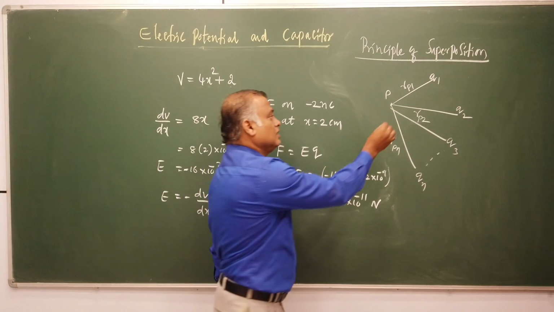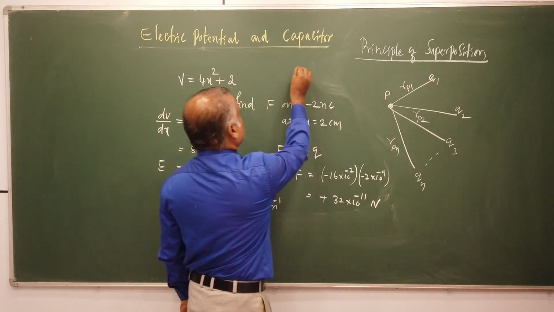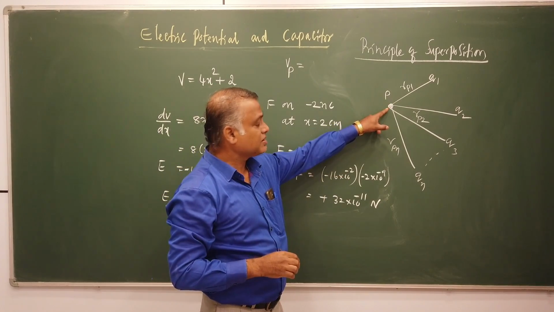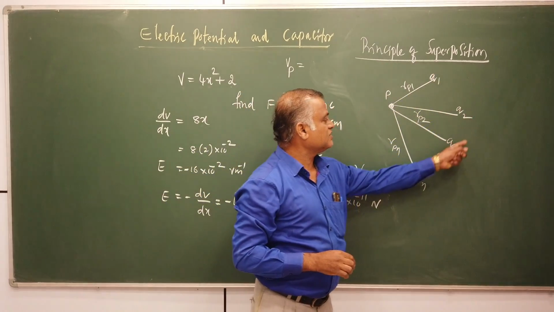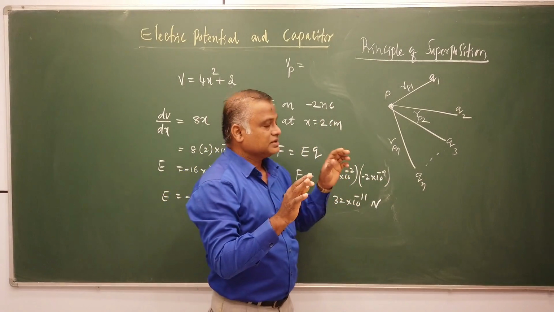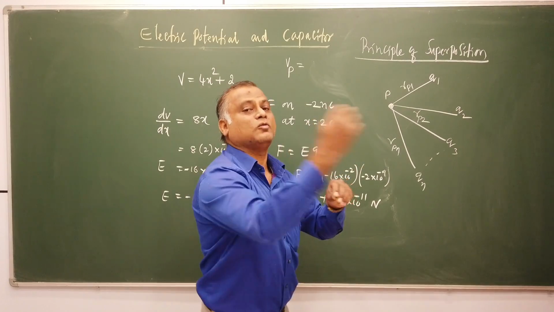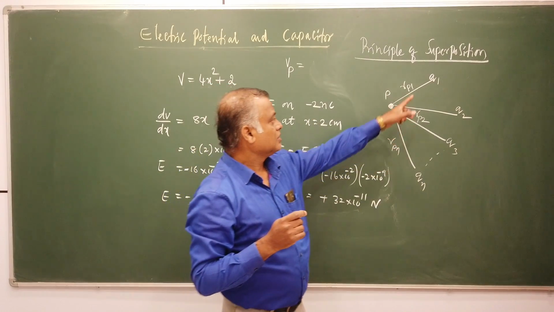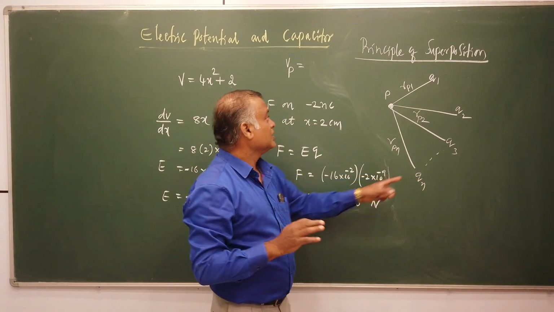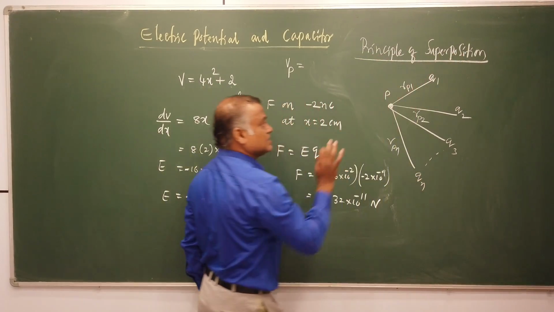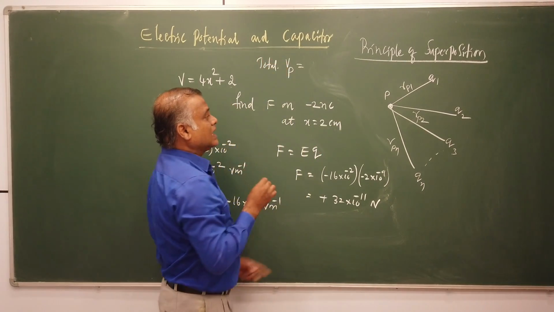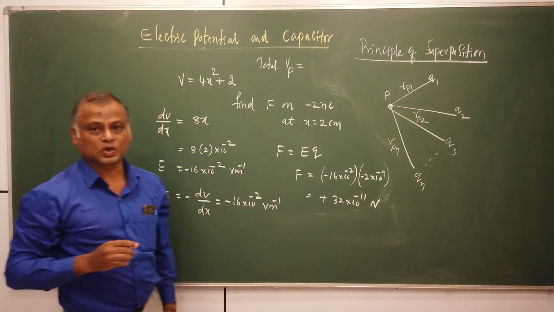The question is, what is the total potential at point P due to this system of point charges? Basic thing is, just imagine that P is surrounded by how many charges? N charges.